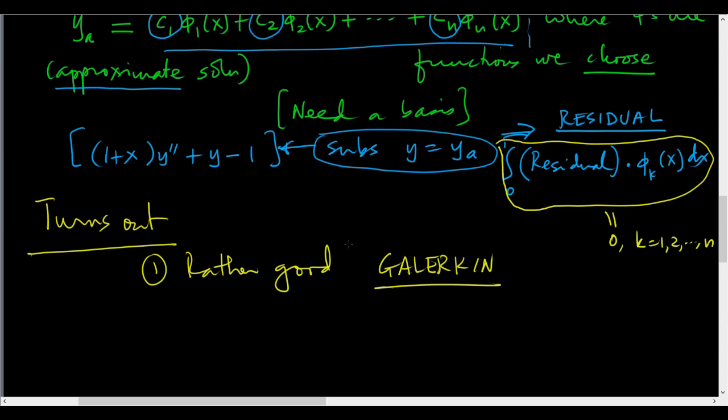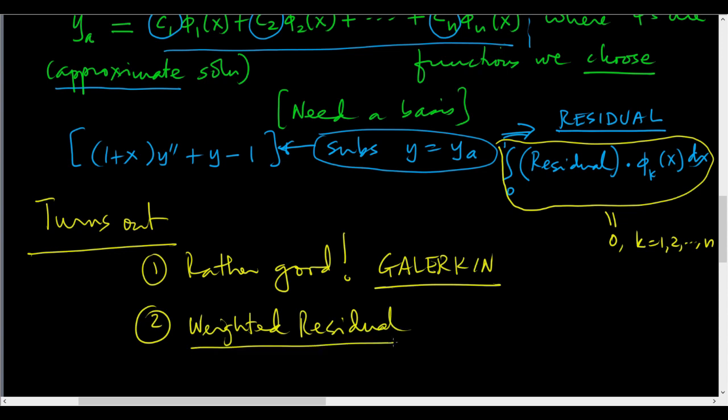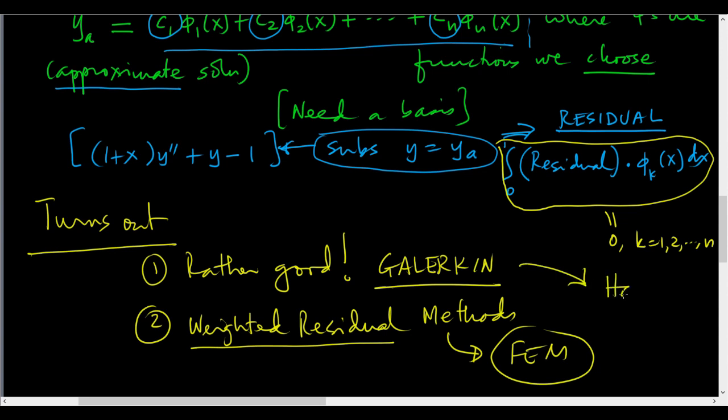It is related to a broader class of methods called weighted residual methods. These form the basis of the finite element method, but from here we will also eventually do something called harmonic balance for studying oscillations. That is later.